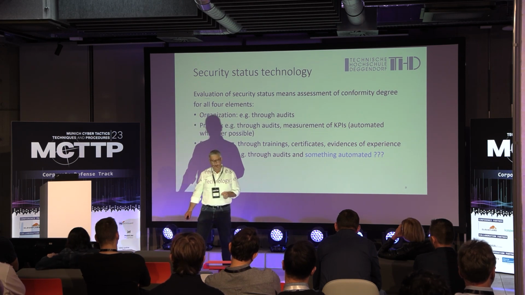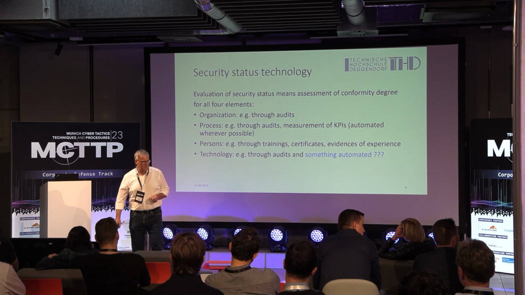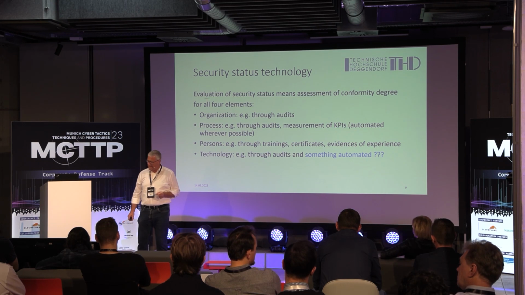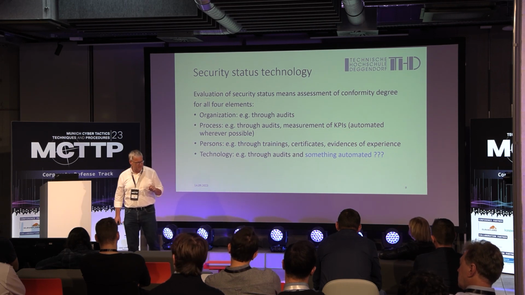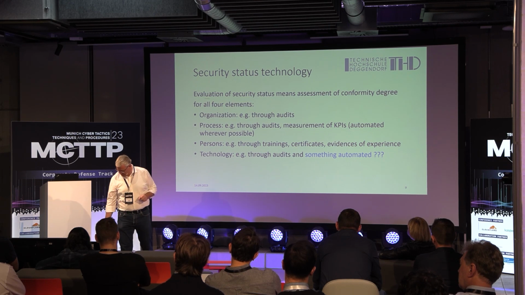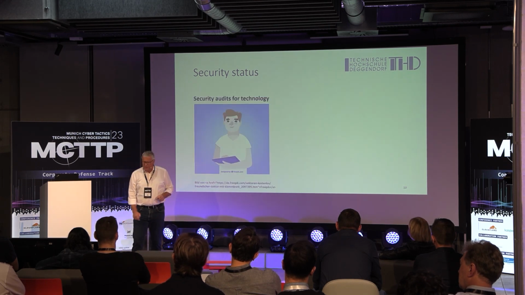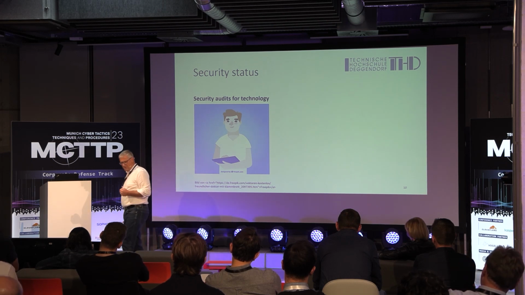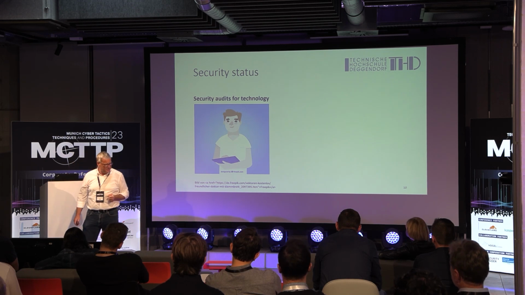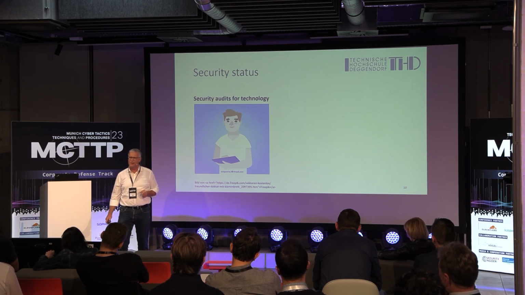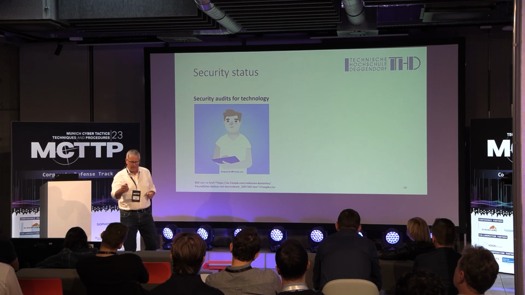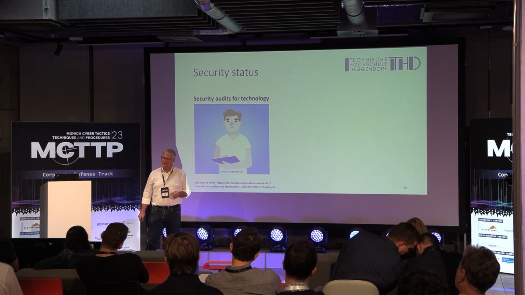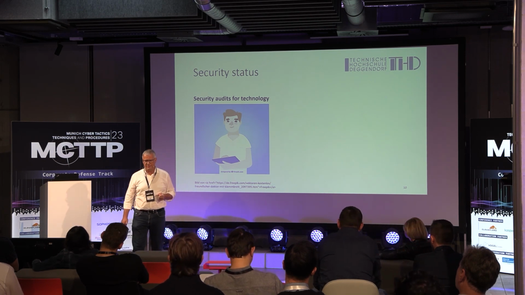Okay, what is the security status of the technology in an industrial automation and control system? So the other three elements, I forget about them at the moment. I focus now on technology. Because at the moment we have the following problem: we go as an auditor to a company, audit the technology for some industrial automation control system, and then we can say after one week, yes, we have some weaknesses and so on.